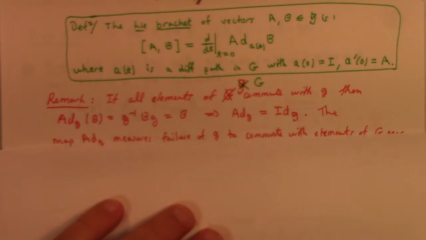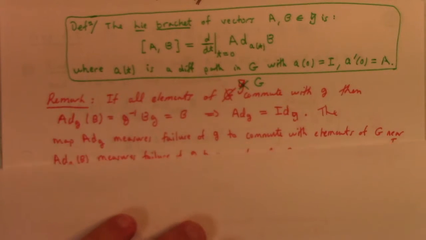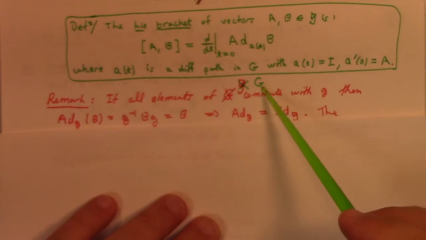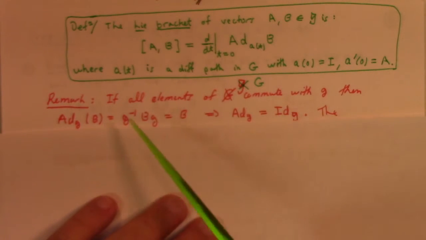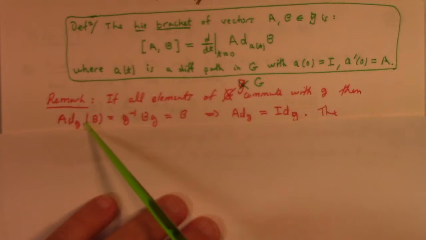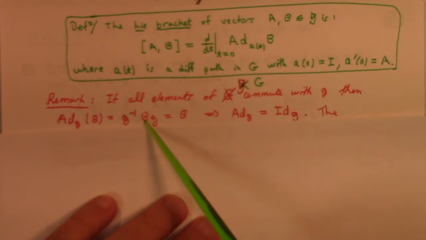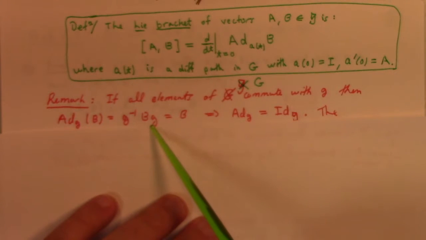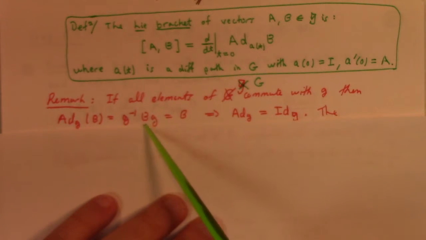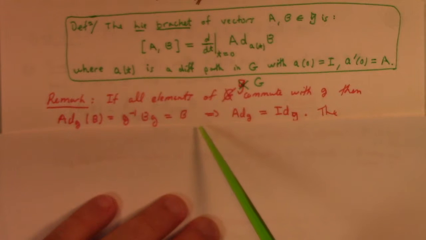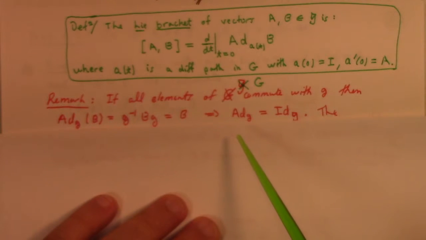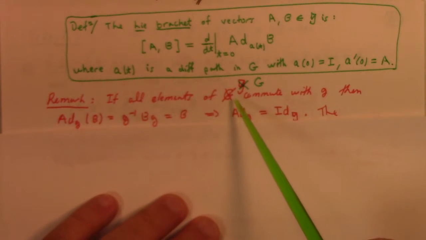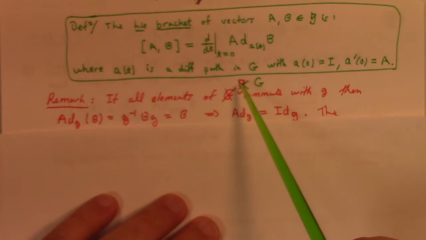Okay. So if all elements of the group commute with g, then of course Ad_g of B is g inverse B g. But if all elements of G commute with B, then, well, I think I might go back to the Lie algebra here.